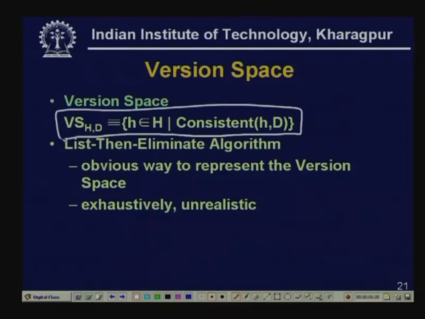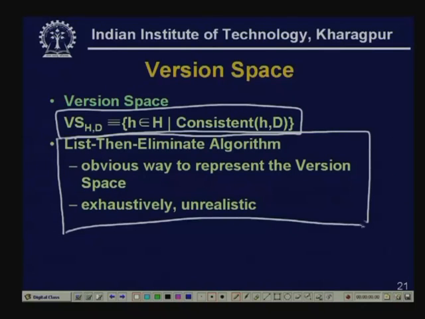Now, with this definition, we can outline a theoretically simple algorithm called the list then eliminate algorithm. In the list then eliminate algorithm, initially, when we have not seen any examples, when D is null, we say that the version space is the entire hypothesis space. So, we list all the hypotheses in the hypothesis space.